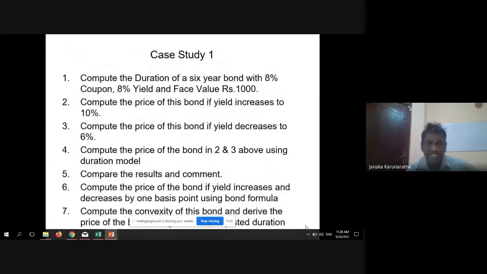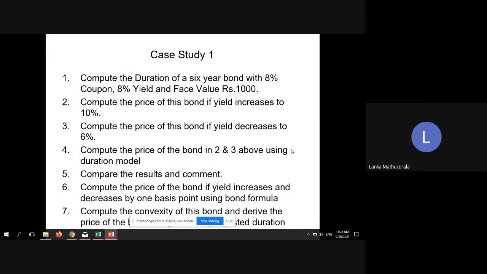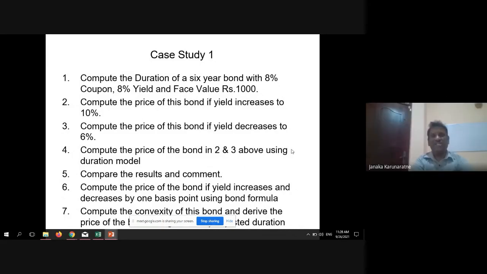Compute the price of the bond in 2 and 3 above. So this is the price of the bond using the duration model. Change in price divided by price equals minus D times delta r over 1 plus r. Can you use that formula to compute the new prices?